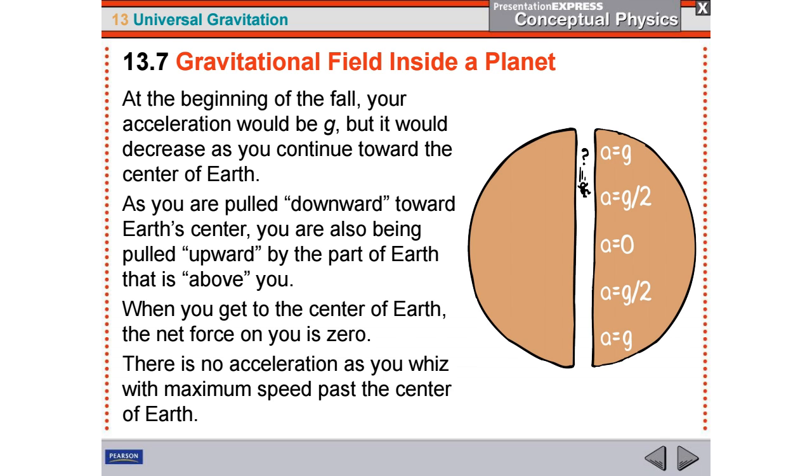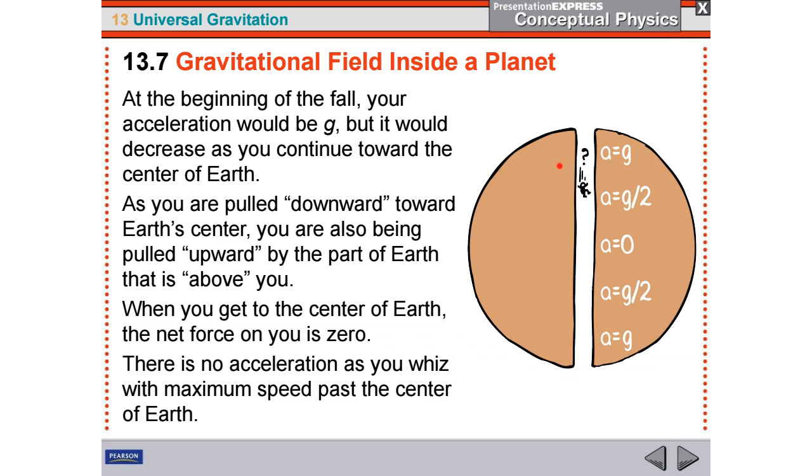Interestingly, at the center of the Earth, you literally have no force acting on you. You are weightless. As you are pulled downwards towards the center, you find that there is more mass above you than before. So there is a resultant force, which is a combination of the force pulling you down due to the mass below you, but also the force pulling you up because of the mass above you.